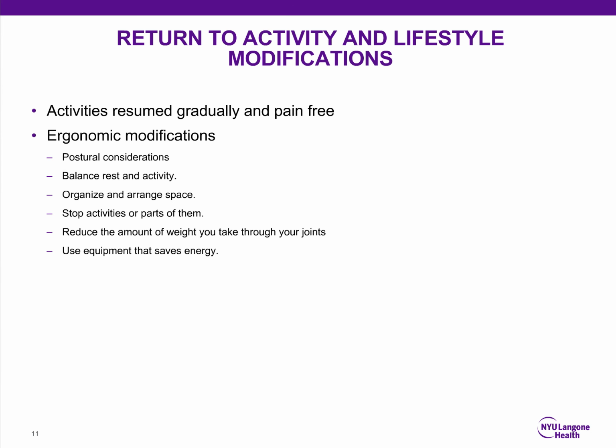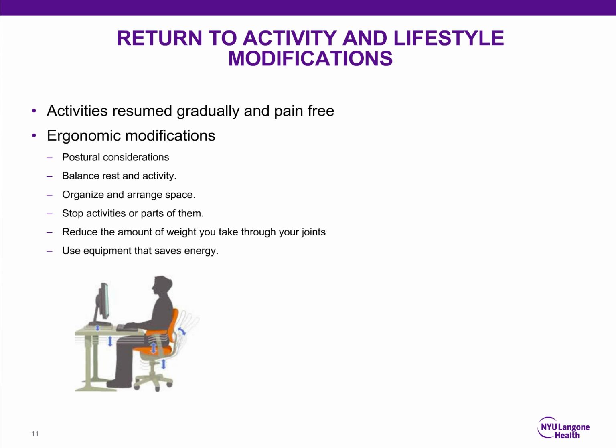Some equipment that can save energy, adaptive equipment, is necessary, because there's a great population of patients that can have tendinopathies. People that work on the computer may need all the ergonomic adaptations.